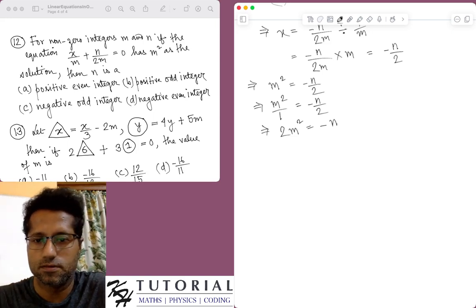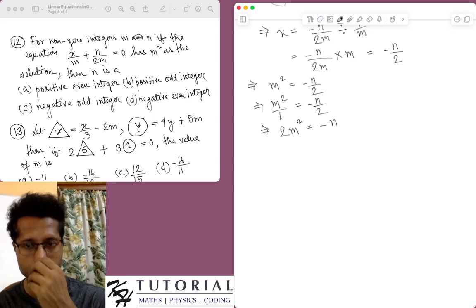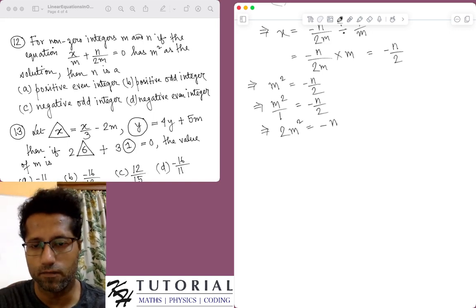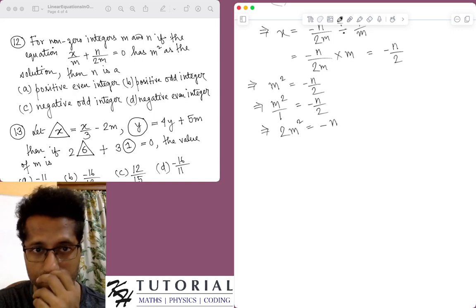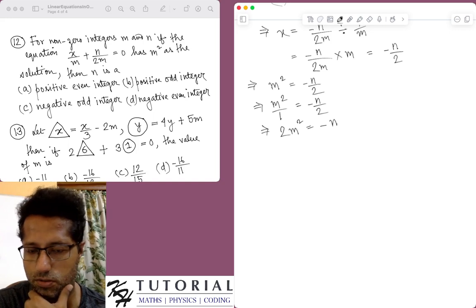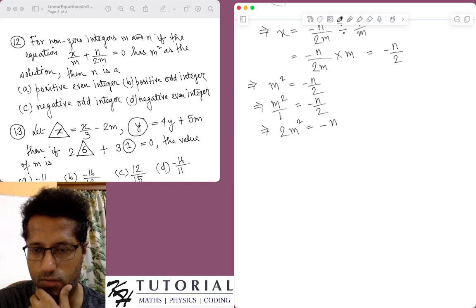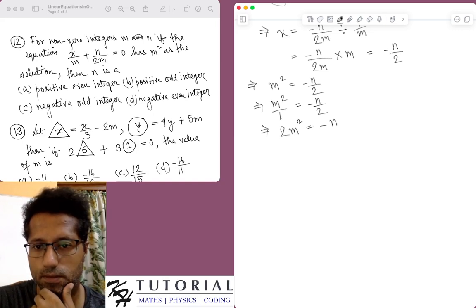Now please note, this is where the concept comes in. It is given that m and n are non-zero numbers. So m is not 0, n is also not 0. So for any non-zero number, m square is always a positive number.